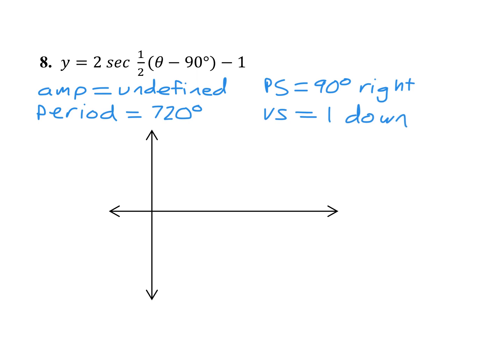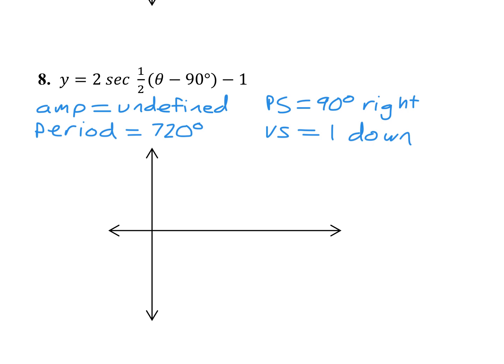All right, so usually this 2 means we have a top level of 2, a middle level of 0, and a bottom level of -2. We want to subtract 1 from all of those. So our top level is going to be at 1, middle level at -1, and our bottom level at -3.